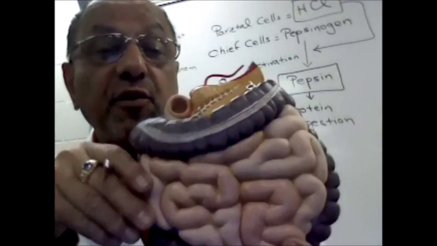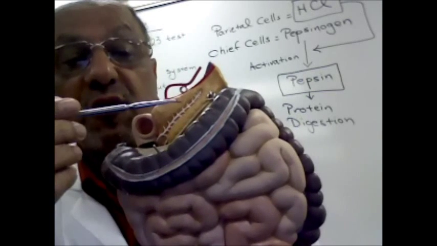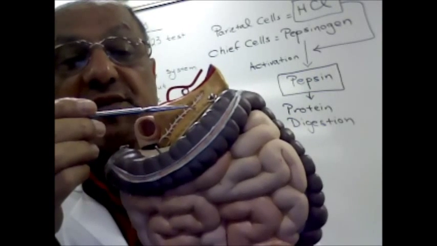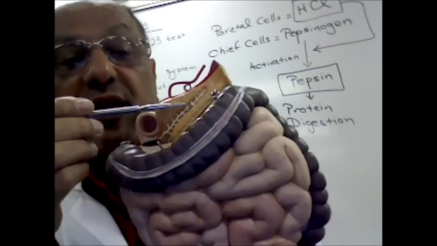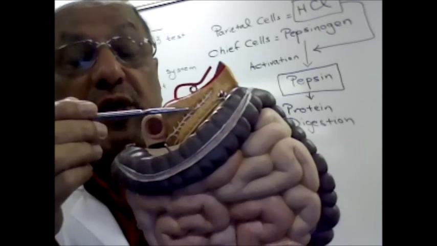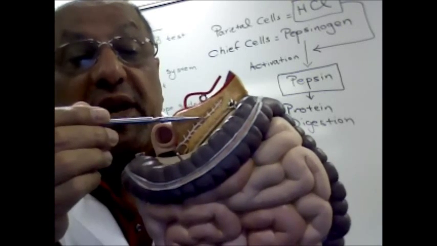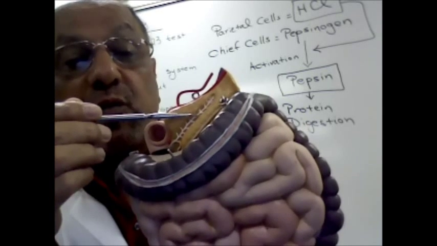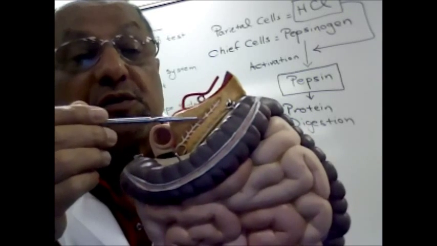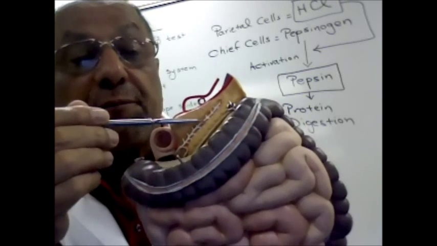One of the accessory organs of the digestive system is also shown in this model, which is the pancreas. The pancreas produces two important products. One of the products is the bicarbonate, which will be used to neutralize the acid coming from the stomach.